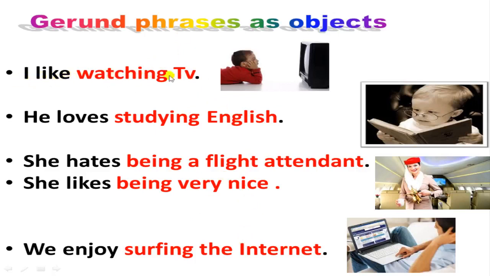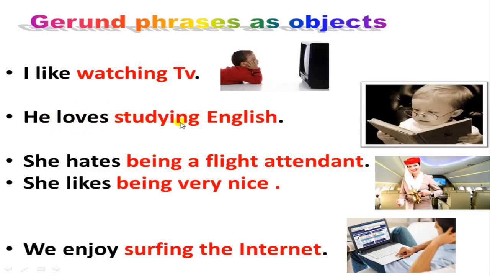One, I like watching TV. So here, I, subject, like, verb, watching TV, object. And this object, gerund, verb plus ing, watching, and then television, and now, watching TV. He loves studying English.